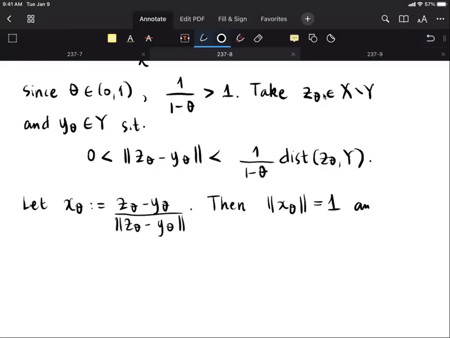And if we compute the distance between x theta and Y, here you can pull out the scaling factor in the distance since Y is a subspace.